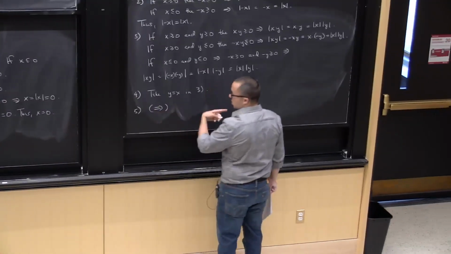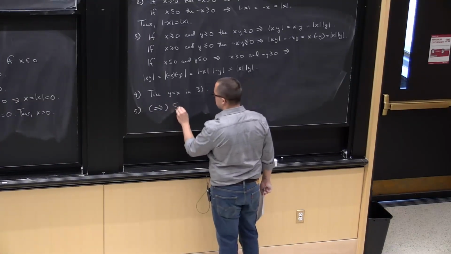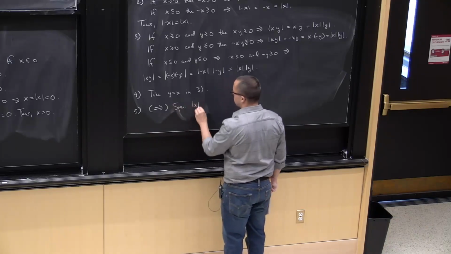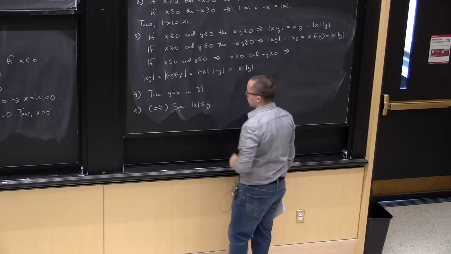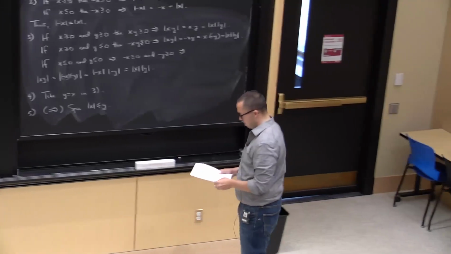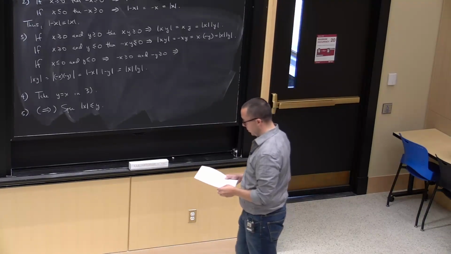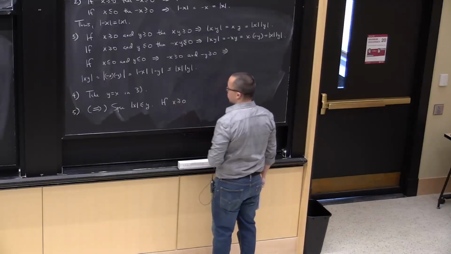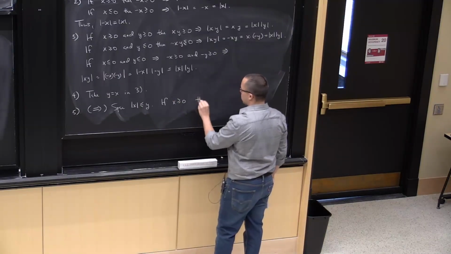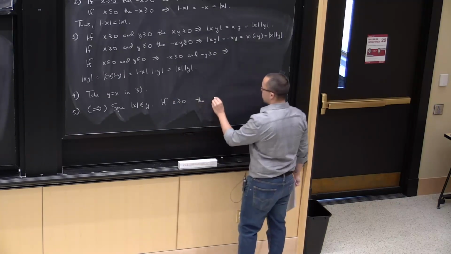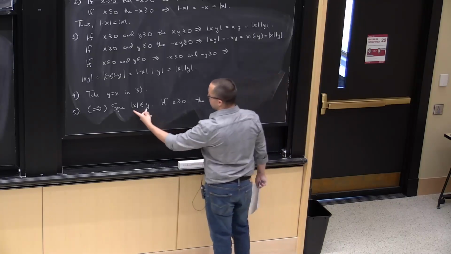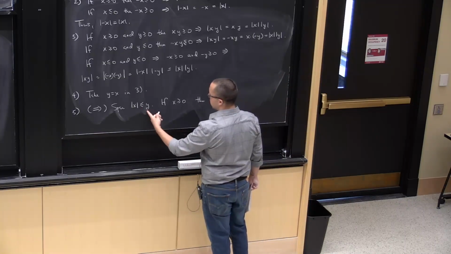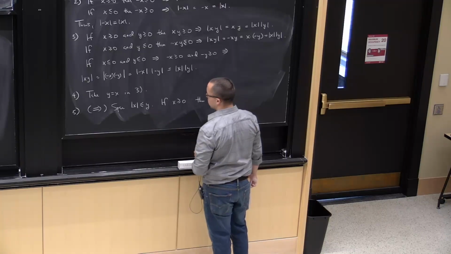So this is this direction, meaning our assumption is: suppose the absolute value of x is less than or equal to y. So then, if x is bigger than or equal to 0, then this means that, so if the absolute value of x is less than or equal to y, that automatically tells you y is non-negative.